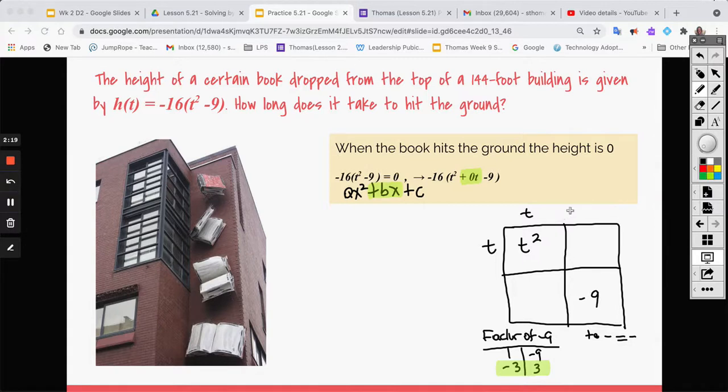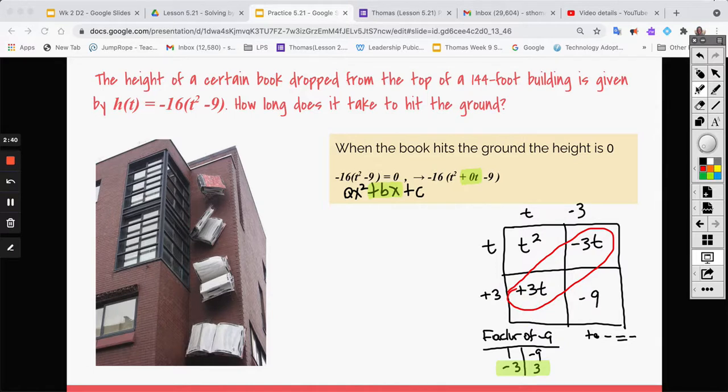So we can therefore go ahead and put this in. So a negative 3, which will give us a negative 3t, and a positive 3 here, which would give us a positive 3t. And we'll notice that both of those, when they're combined or added together, will give us 0.